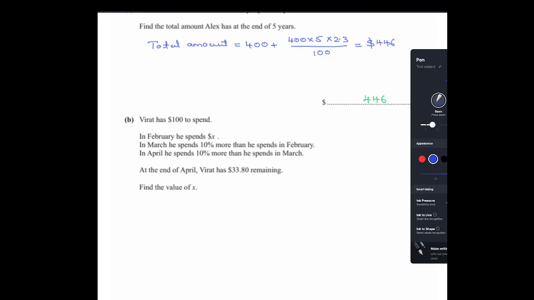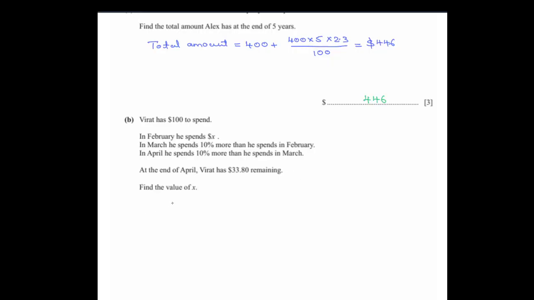So let us write that as an equation now. The amount he spends in 3 months will be X plus 10% more of what he spent in February. So he is spending X in February, so for March it is X into 1 plus 10 by 100.